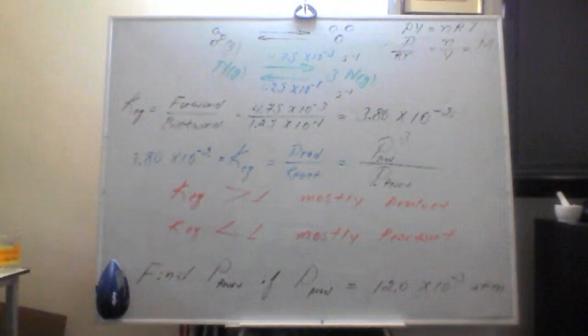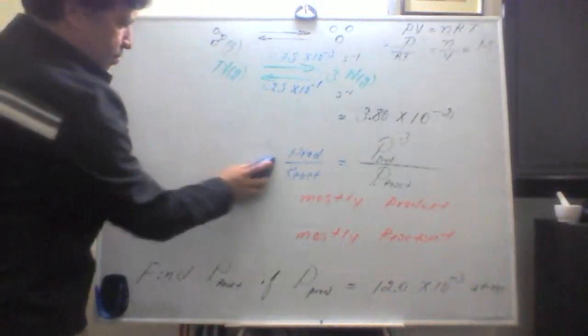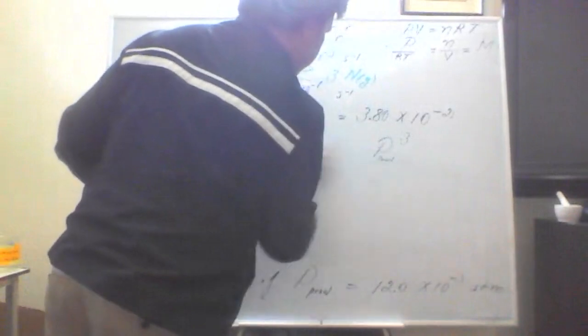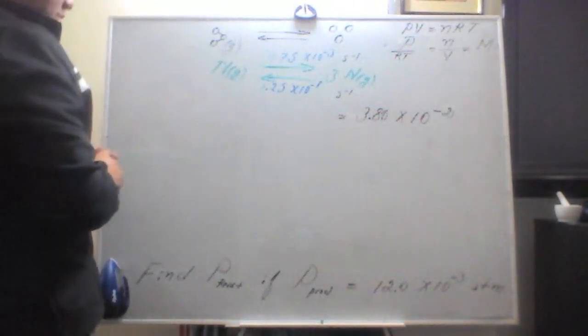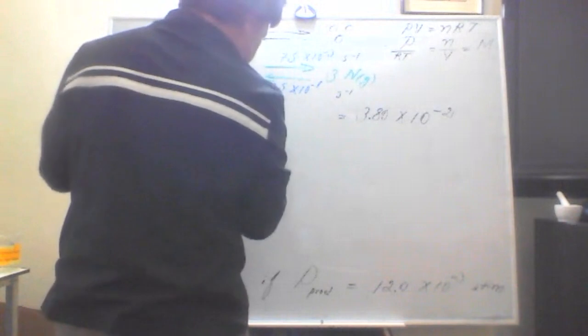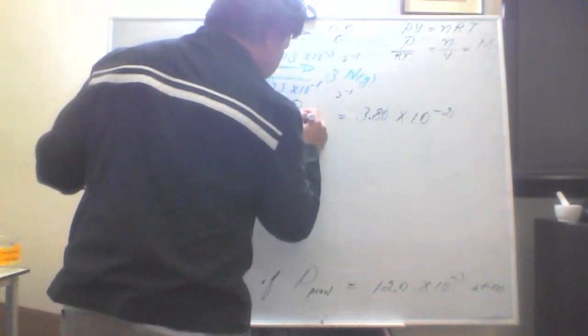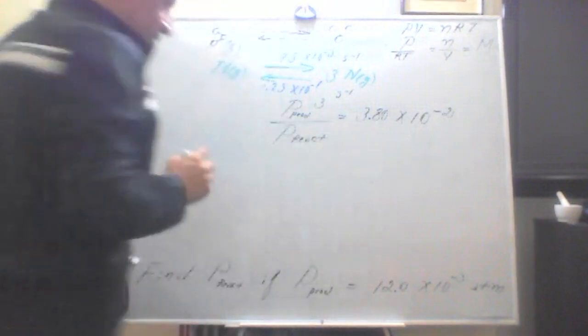So we'll answer that question. I just clear the area so you can snapshot or whatever you prefer. Okay, so let's answer that question now. We have the equilibrium constant, right? And then we have the question. So what we have is that this equilibrium constant is equal to the partial pressure of the products to the third power over the partial pressure of the reactants.